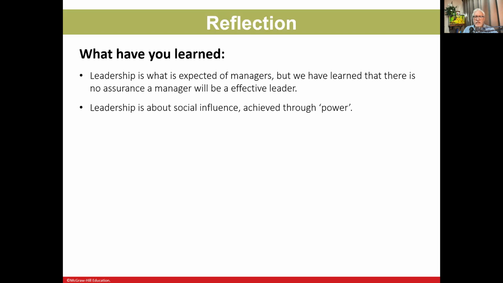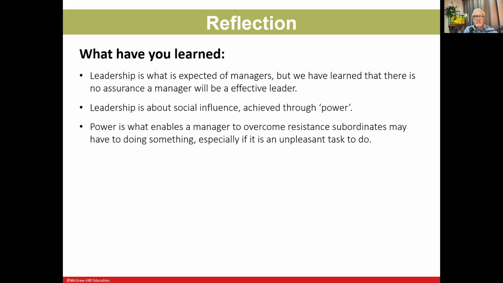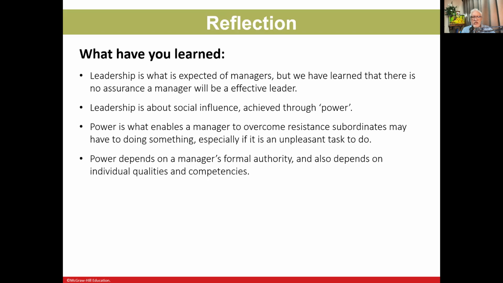We know that leadership is about social influence, and it is also about positional power. And the power is what a leader uses to overcome resistance, especially where the job isn't a nice thing to do or isn't a clear-cut thing to do.